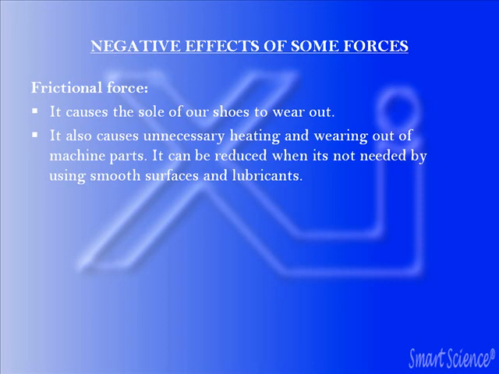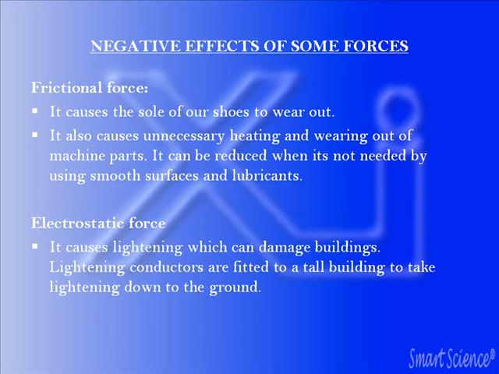Then we also have electrostatic force and its negative effects. It causes lightning which can damage buildings. Now the lightning and thunder that is observed during raining is caused by electrostatic force, and the negative effect is that it can damage buildings.